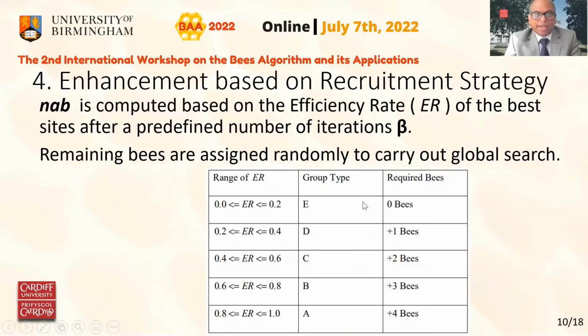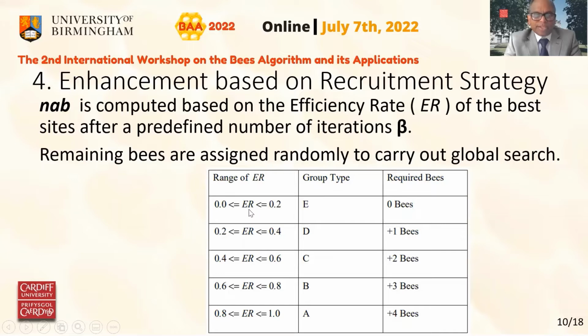Okay, how do we determine the number of bees? Here we have a lookup table, and we use this efficiency rate, ER, to determine how many extra bees are to be recruited for those sites. The efficiency rate is normalized between 0 and 1, and then it's split into 5 equidistant groups.